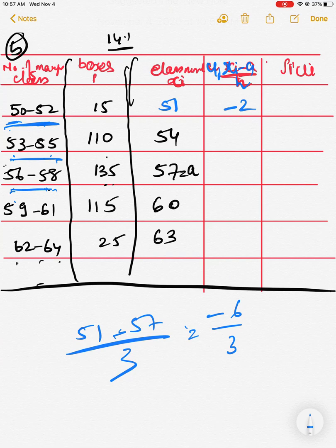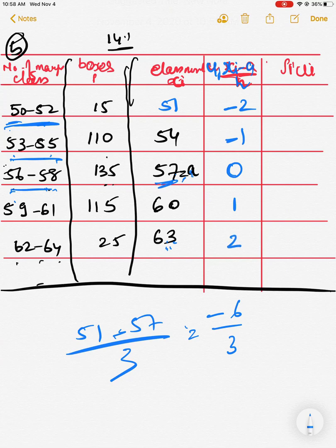Now what is the class size? 3. Next, 54 minus 57 upon 3 is minus 3 upon 3. Since the difference is 3, minus 2 plus 1 gives minus 1. Here 0. 60 minus 57, 3 upon 3, is 1. 63 minus 57 upon 3 is 2.